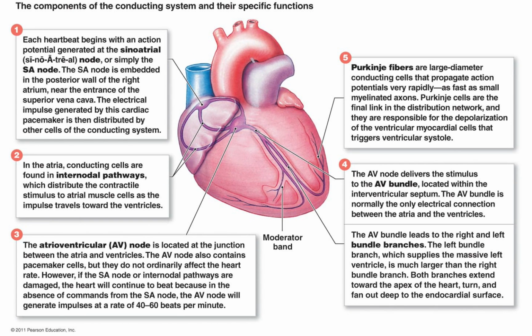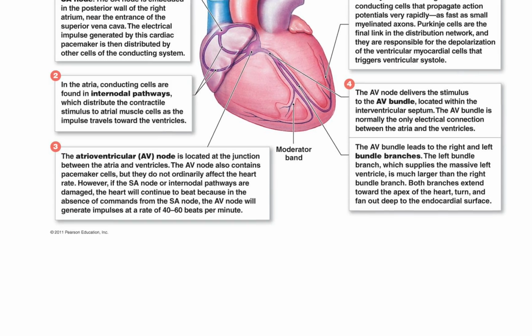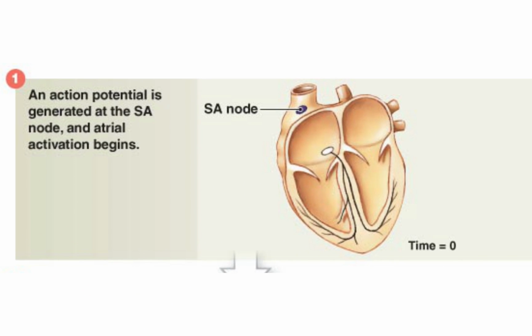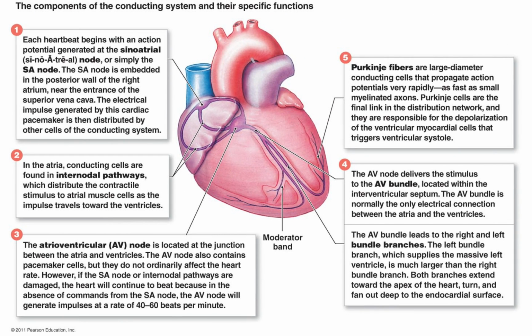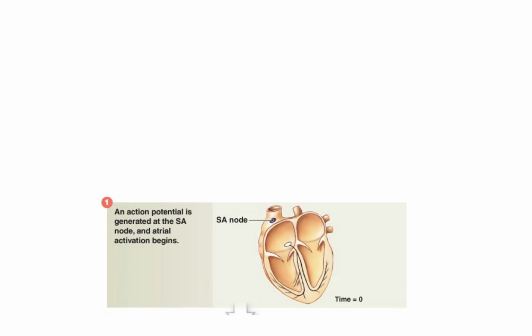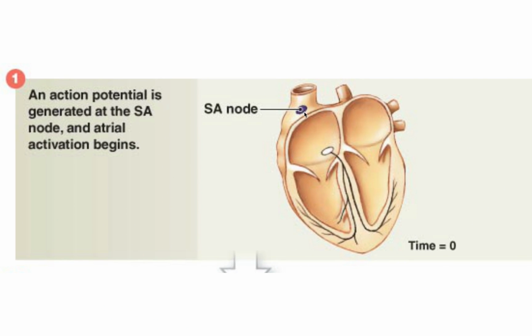Next, we're going to talk about the heart's electrical conduction system, which is very amazing. So we'll look at how the electrical signal travels through the heart. Here's the entire system. But the electrical signal starts at the SA node, which is known as the pacemaker.